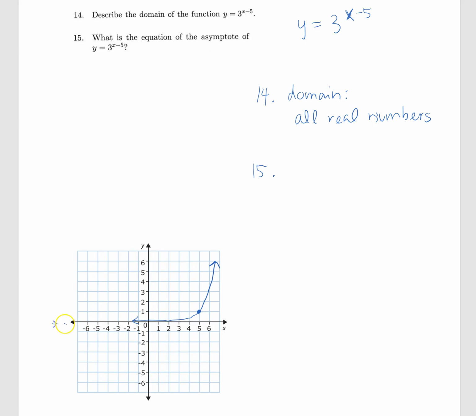So we can say that this line here, the x-axis, or y equals 0, is our asymptote, and it's a horizontal asymptote. So our answer to question 15, the equation of the asymptote, is y equals 0.